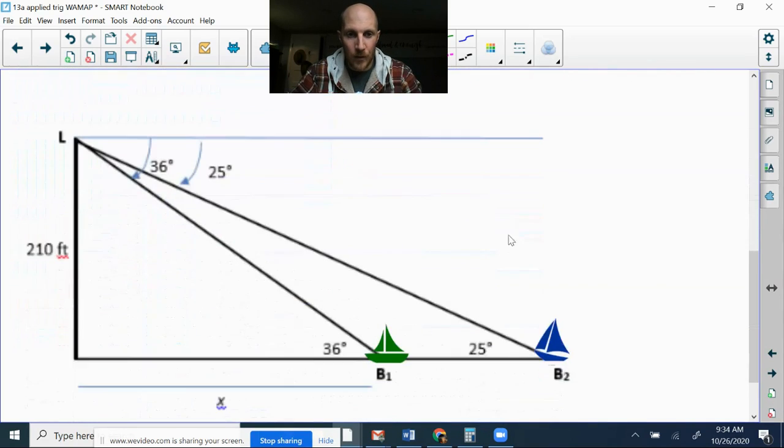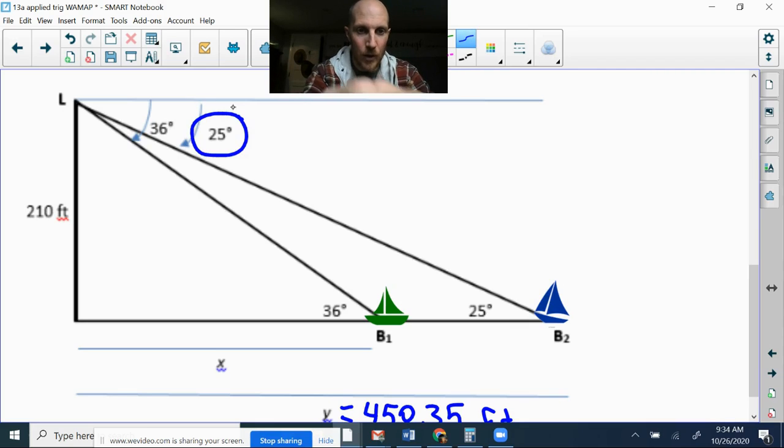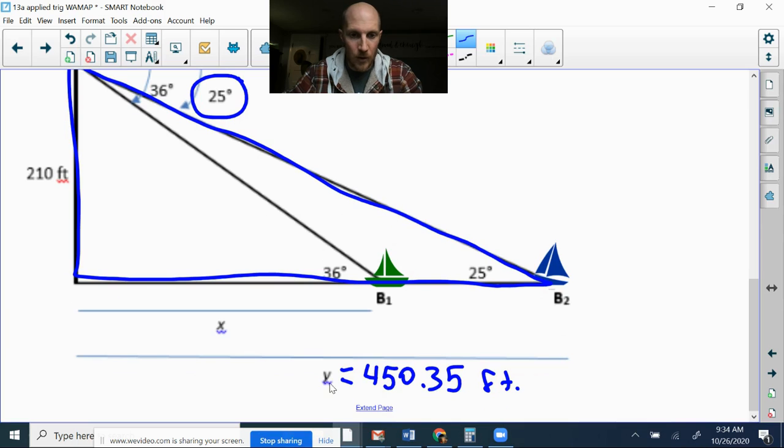Okay, so I have a nicer, neater diagram here. We already found the distance to the blue boat. That was the 25-degree angle of depression. So I called that y. That's 450.35 feet.